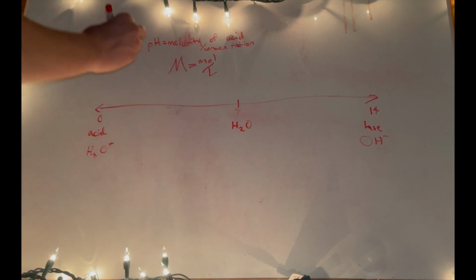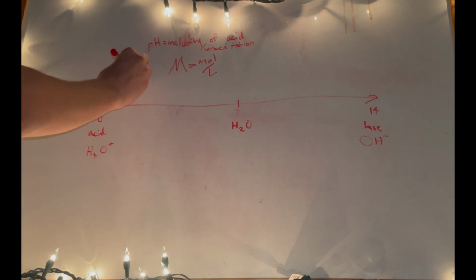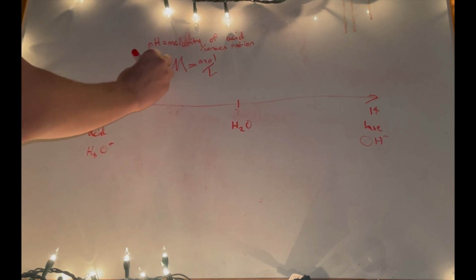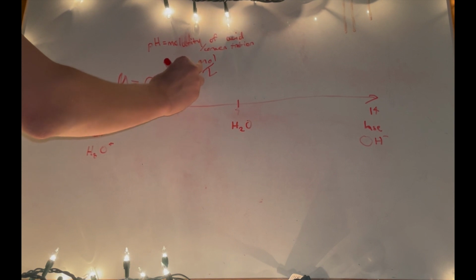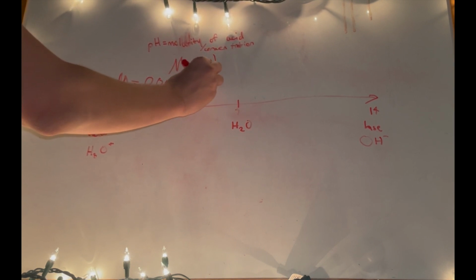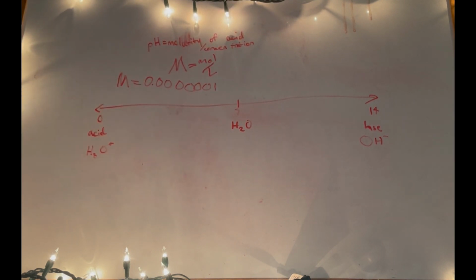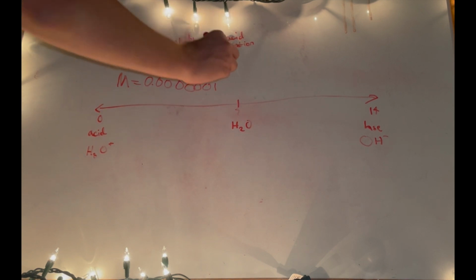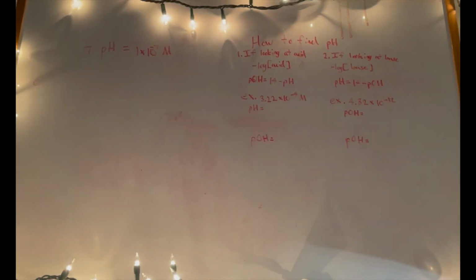So remember, if something has a pH of 7, it has a molarity of 1 times 10 to the negative 7th.